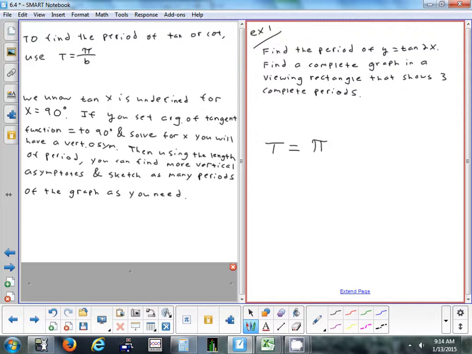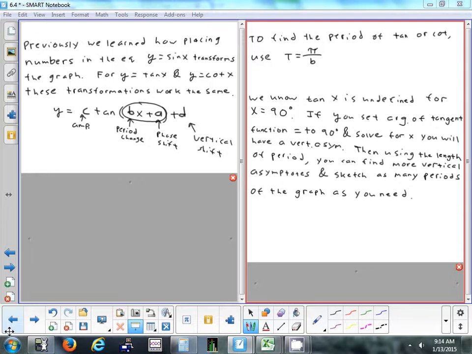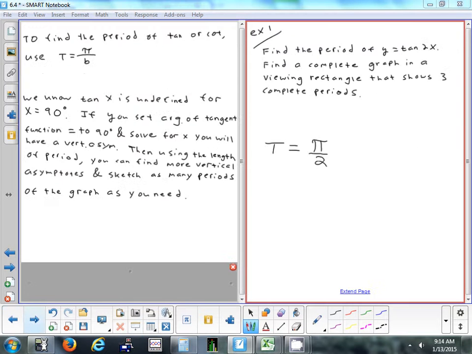In my problem, tangent 2x, what's b? 2x. Nope, that's not b, just the b. And what's b? 2. Okay, b, if you look back at that formula, b is the number that's in front of the x, not the x itself. Good.